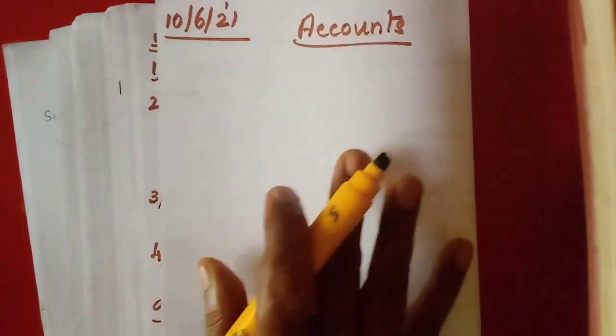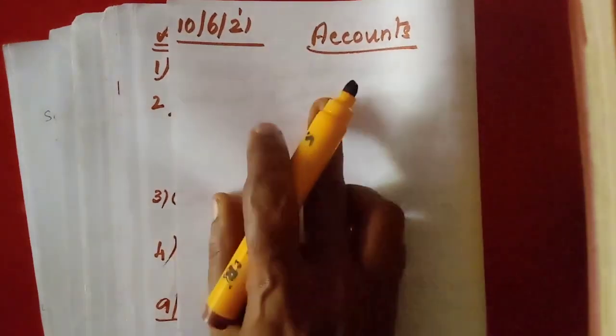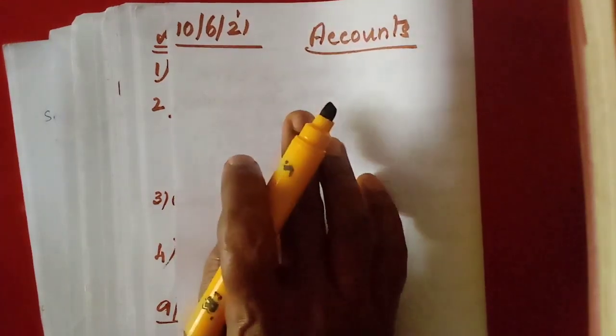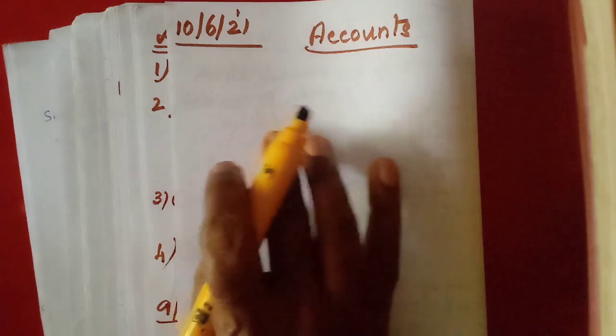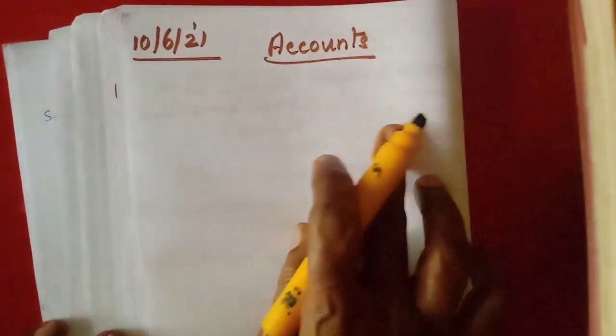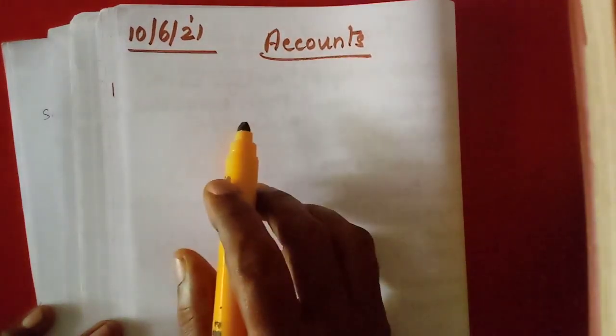A ledger account is a summary of all the information related to a particular person or particular item at one place, under one head. For example, one customer will be there, his name may be Sam, so Sam's account will be there. If he has paid an amount, we will enter it there.